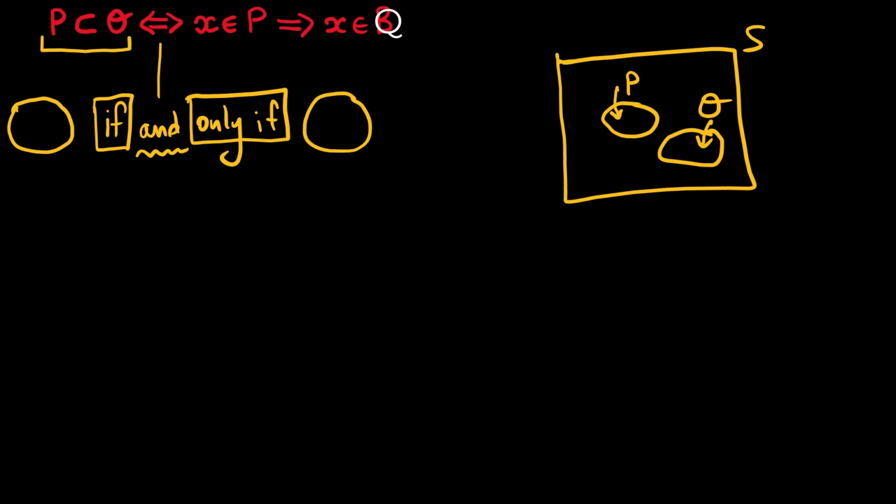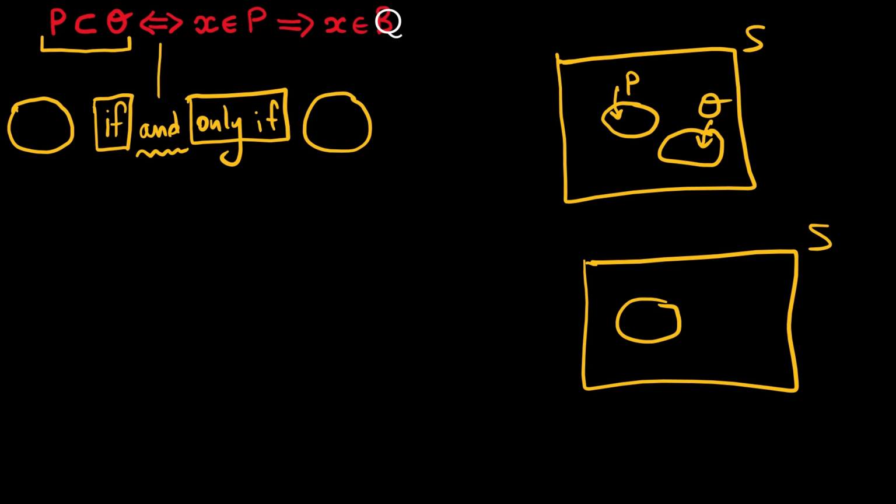So the way I've drawn them, P is not a subset of Q. Alternatively, it could have been the case that if this is P, in this Q here, P is a subset of Q. So P is a subset of Q will either be true or false. It's a Boolean expression.